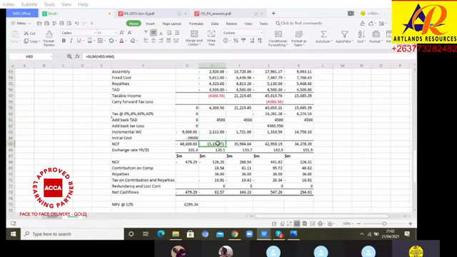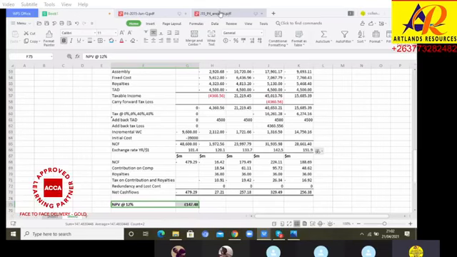Let me delete. It was supposed to take from here. Enter. So if I drag, all right. The net NPV I'm getting is 147. It was just that link there.